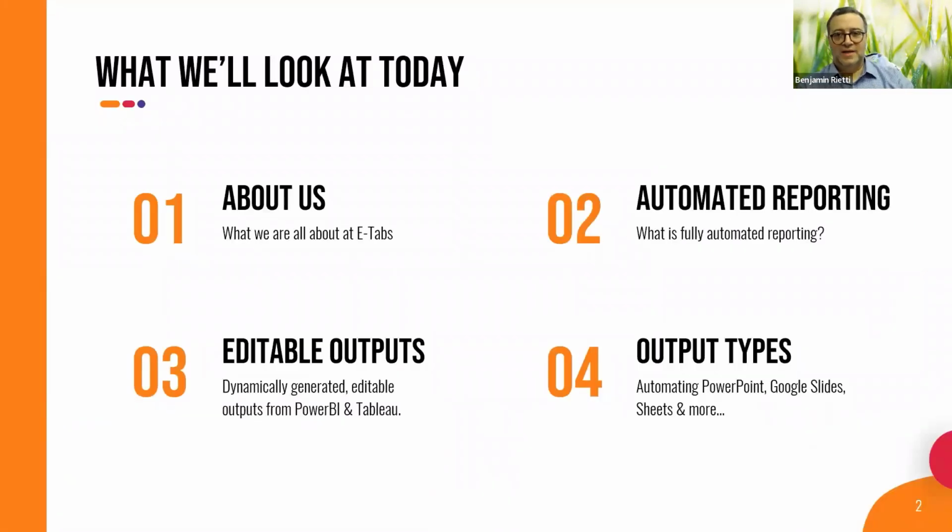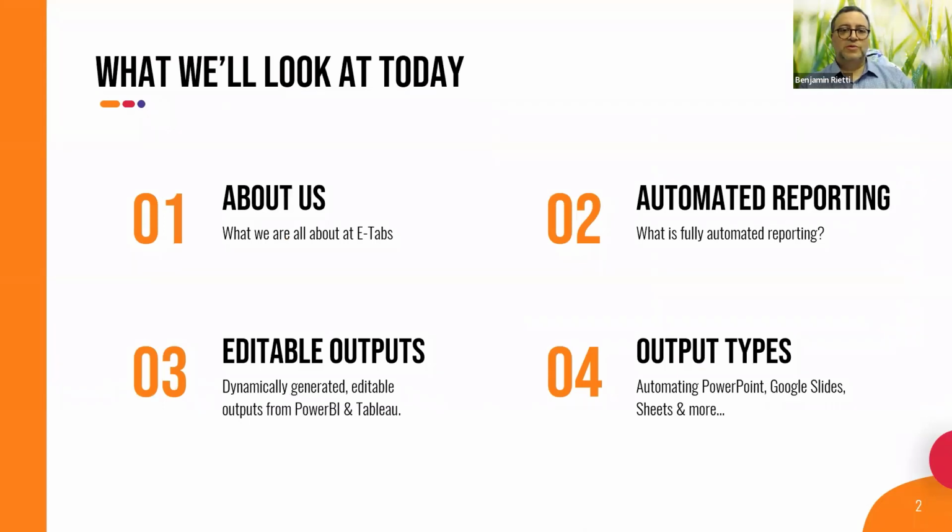Just a summary of what we're going to look at today. A little bit of background about Etabs and what we do, and then full-on automated reporting. What is fully automated reporting? And then we're going to be looking at getting editable outputs from dashboards.